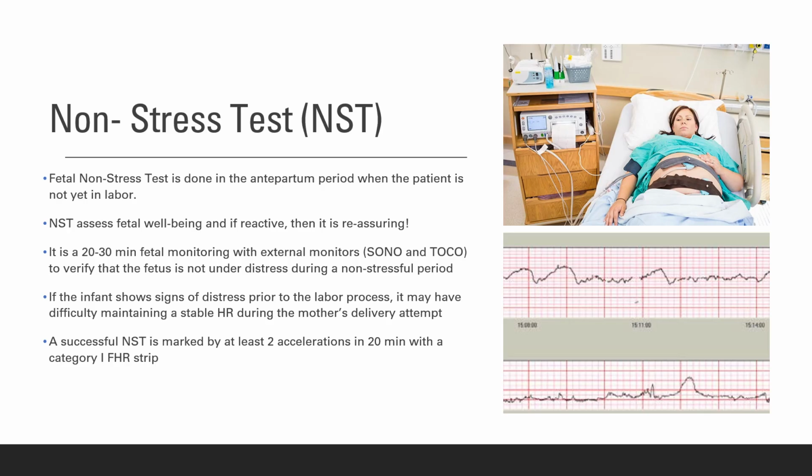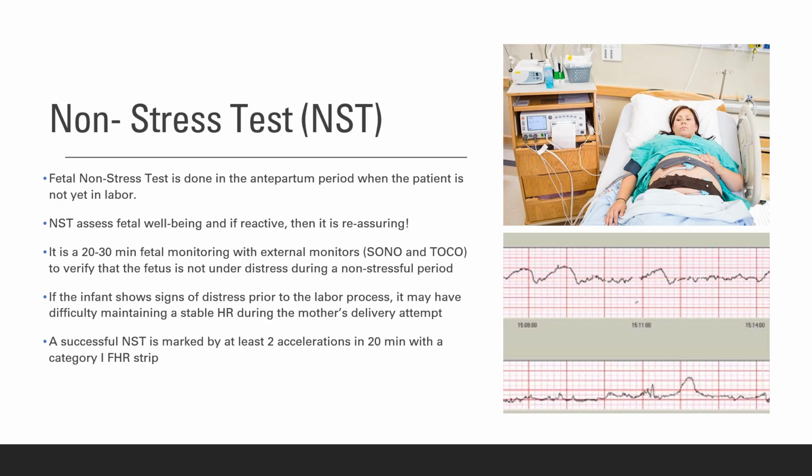However, sometimes there might be a delay. The NST might go longer than 20 minutes, to 30 minutes, as long as you have 2 accelerations within a 20 to 30 minute time frame. If the non-stress test is non-reassuring, that means there's a compromise with the fetus somewhere in utero, and we don't know the cause.